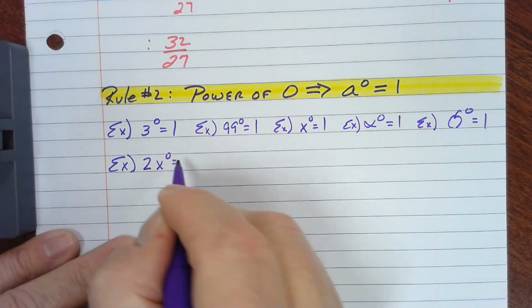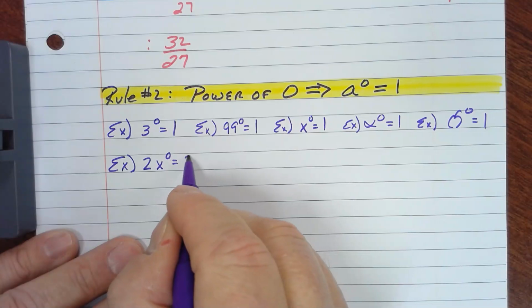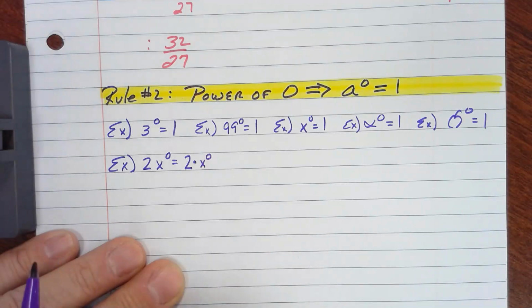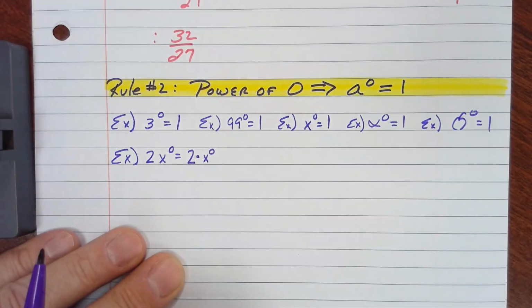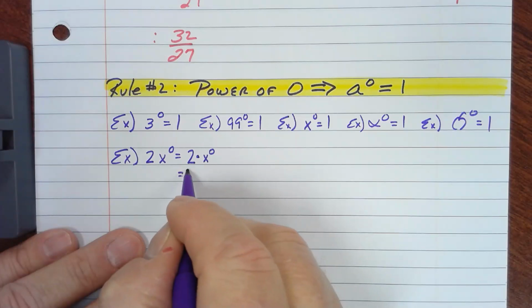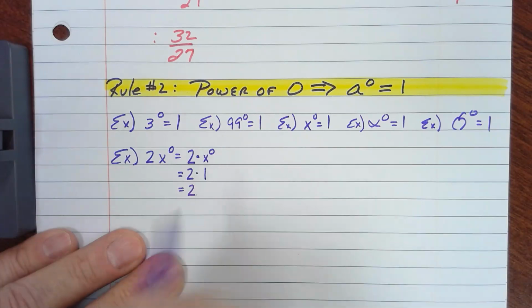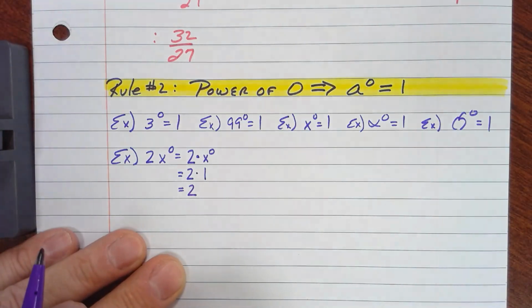Two x to the 0, I'll remind you, means 2 times x to the 0. 2 times 1, pretty simple.